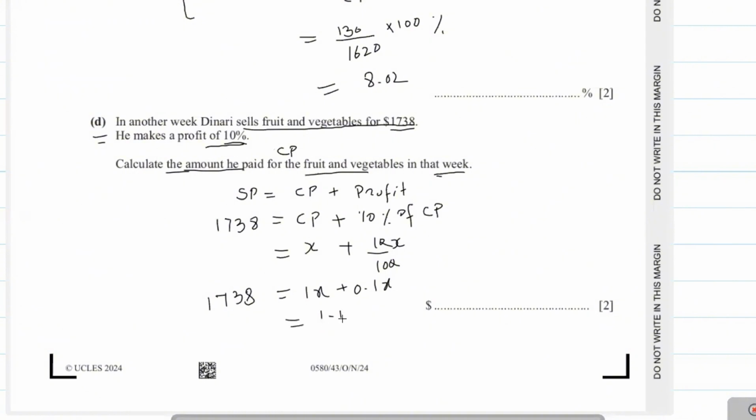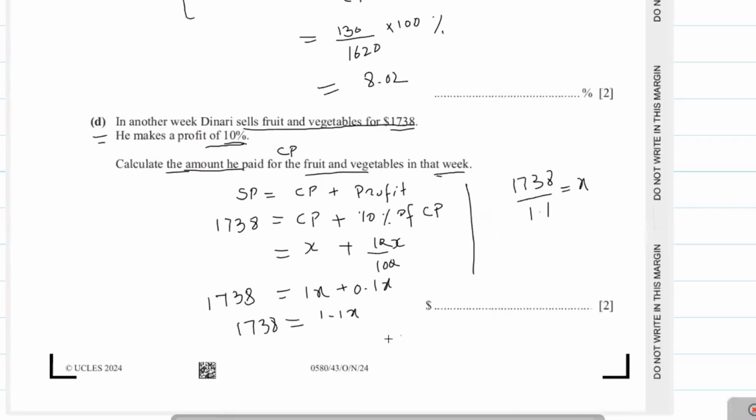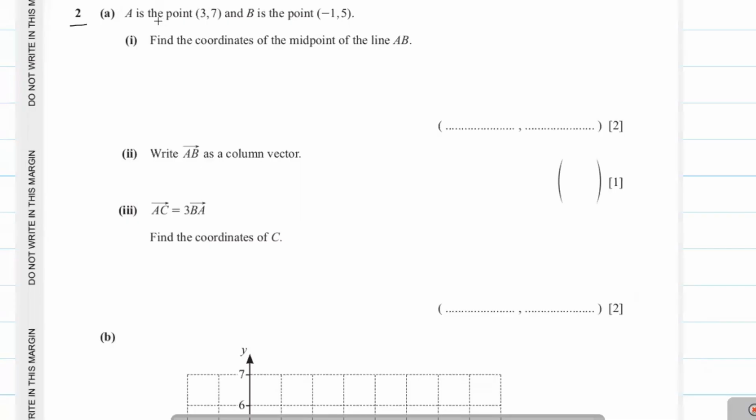And this is 1.1x equal to 1738. And 1738 is divided by 1.1. 1738 divided by 1.1, we get 1580. And x equals 1580, and this is the cost price. And this is the amount he paid for the fruit, and we write here 1580. This is the answer.